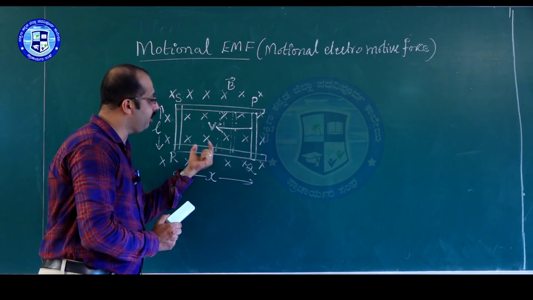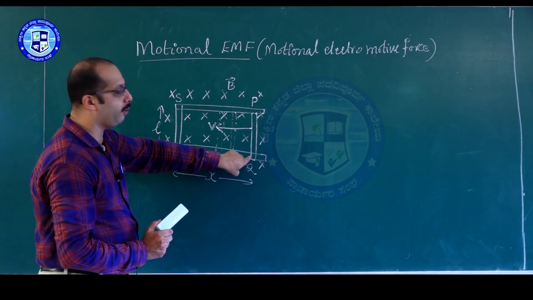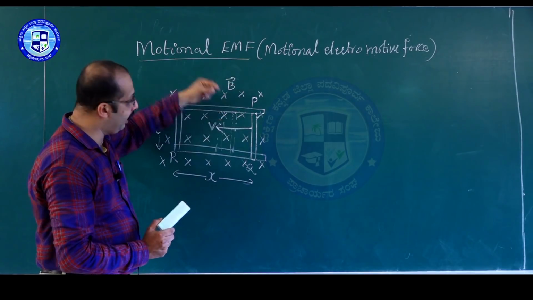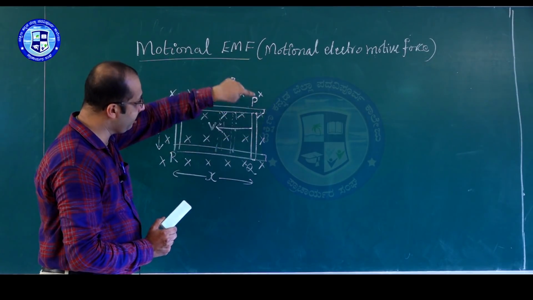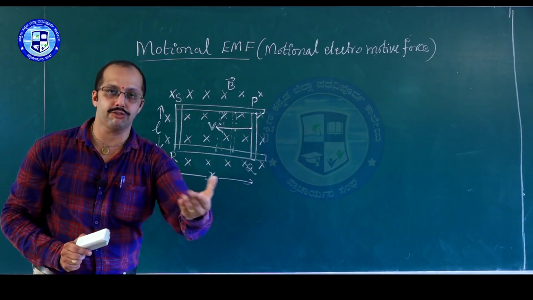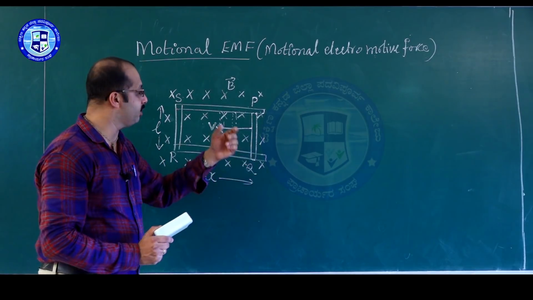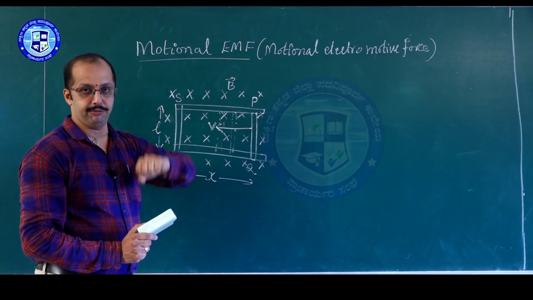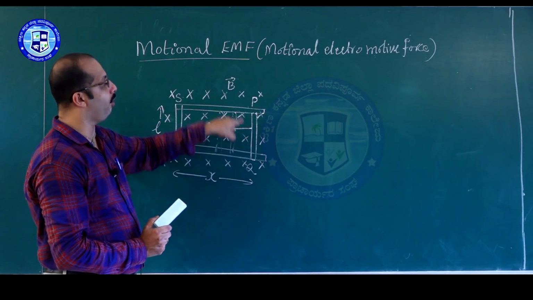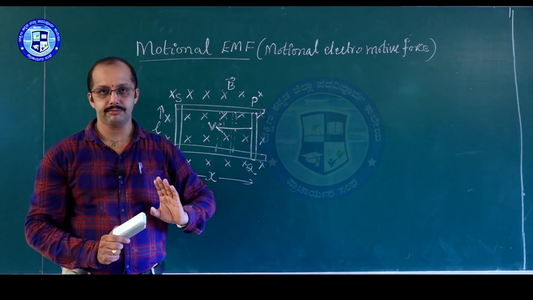Due to the change in the area, the magnetic field lines linked with the PQ movable part change. So that magnetic flux changes, which means EMF is induced. That EMF induced in a rod PQ or a conductor is called motional EMF.